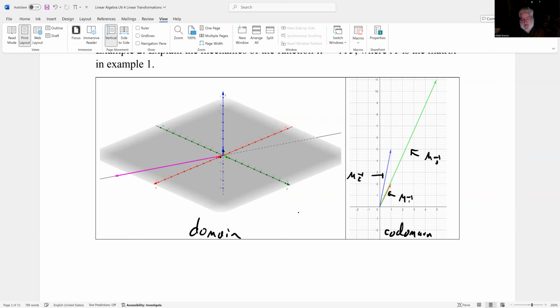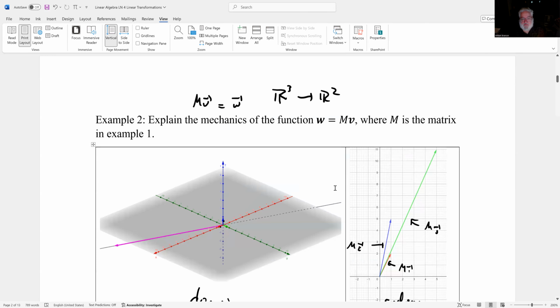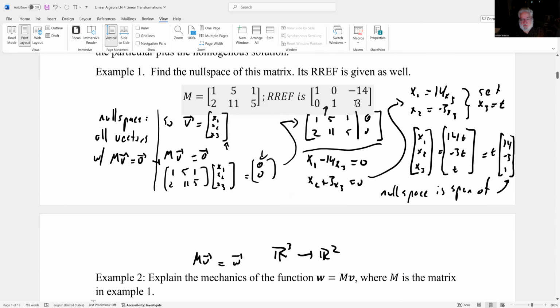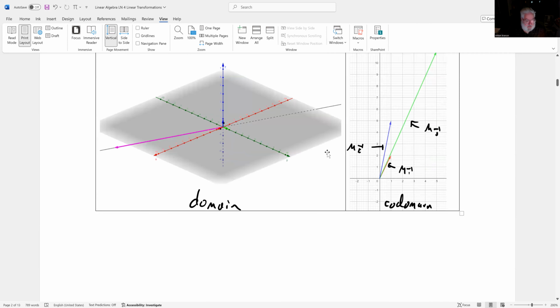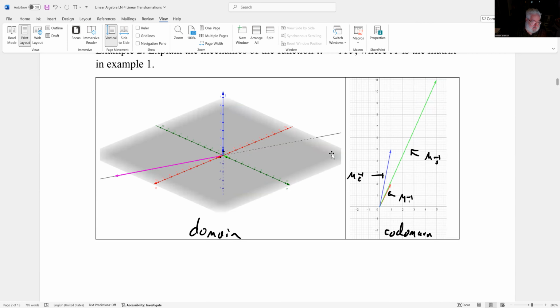And we know these are linearly dependent because there's 3 of them in 2 dimensions. We also see from here that the third vector is dependent on the first 2. The purple vector here is the null space. Everything along this line gets mapped to 0.